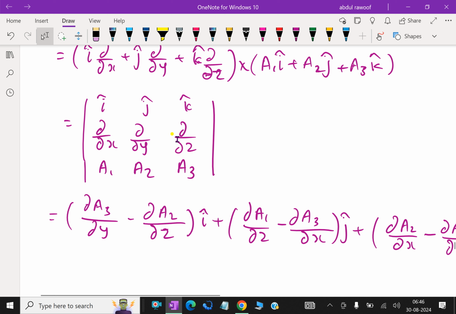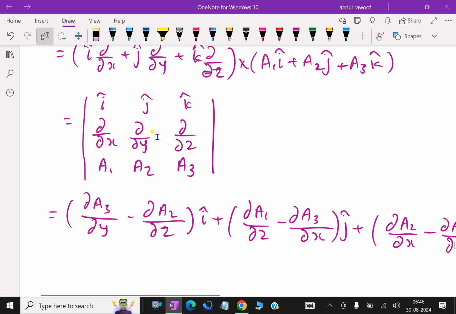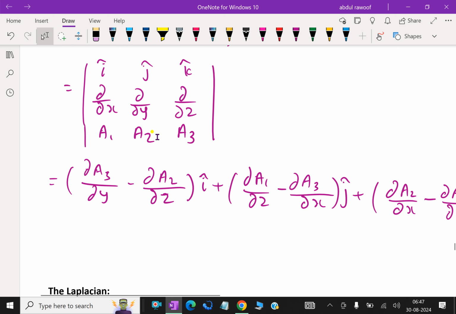then this minus dou A2 by dou z of i plus, this minus comes, so minus j of dou A1 by dou z minus dou A3 by dou x, that is here.